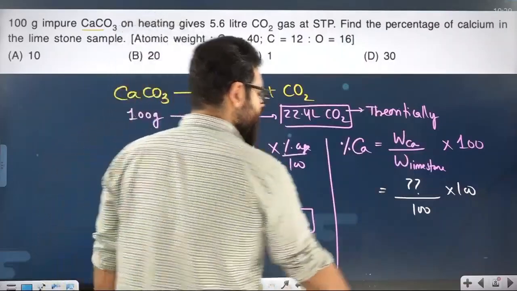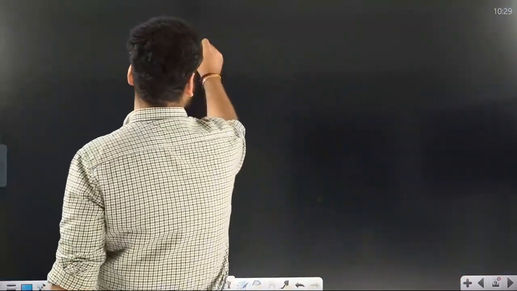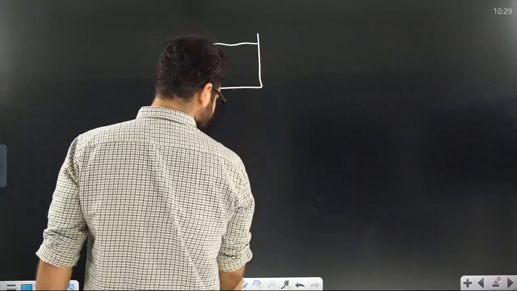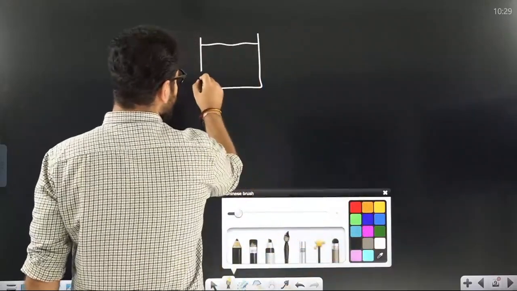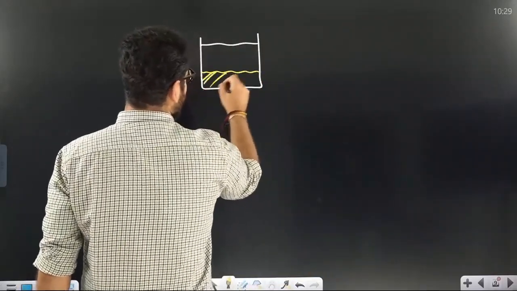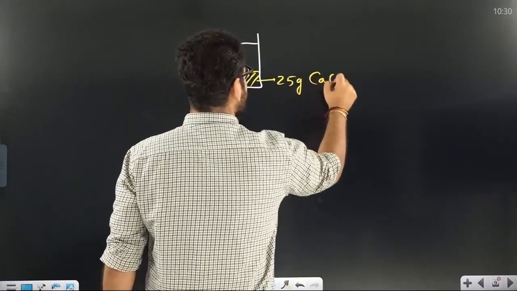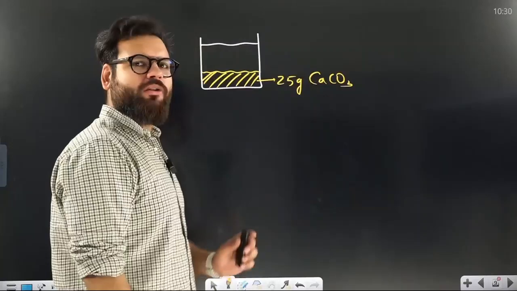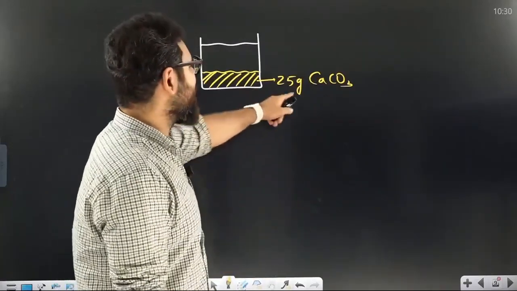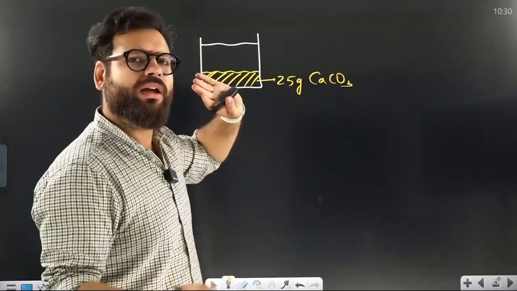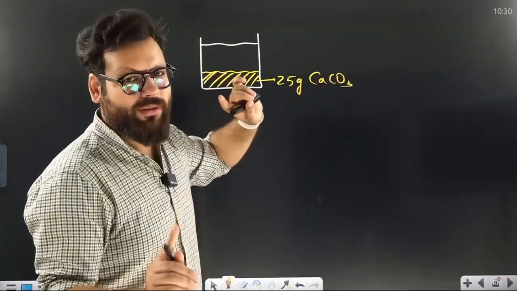All of you see here. I just came to know if this is the 100 gram mixture, out of 100 gram, only 25% means 25 gram is CaCO3. Now I need to use the mole concept and check how much calcium is there in 25 gram CaCO3.